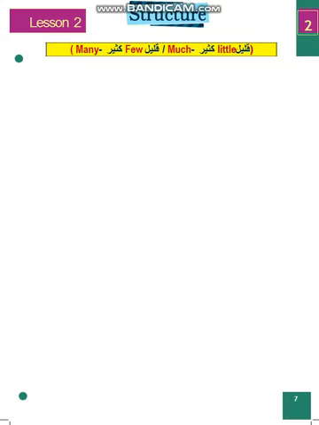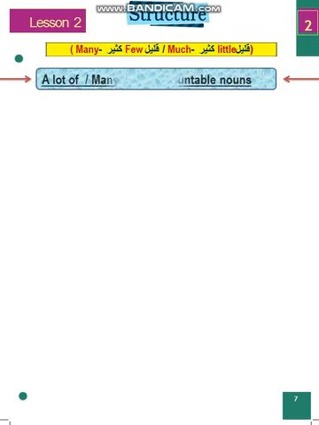As we know before, we use a lot of many, and the opposite of many is few with countable nouns. Do you remember what is the meaning of countable noun? Try to remember with me. Good.